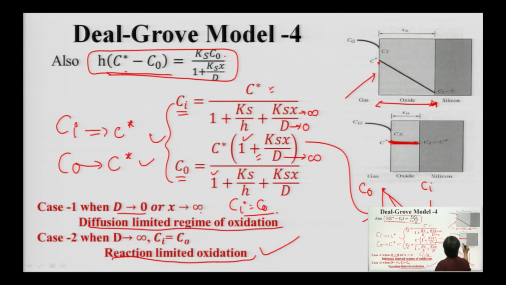As long as diffusion is tending to infinity, my oxide growth is constantly happening at the same rate. The concentration at the outside surface as well as at the inside surface will be the same, and the bottleneck is the reaction. It is called the reaction limited growth rate. It is because of the reaction that the oxide growth is happening.